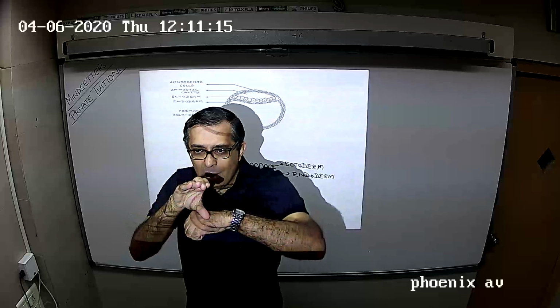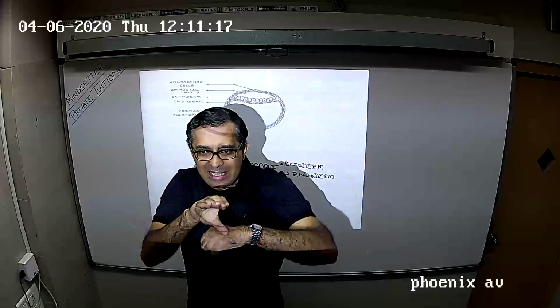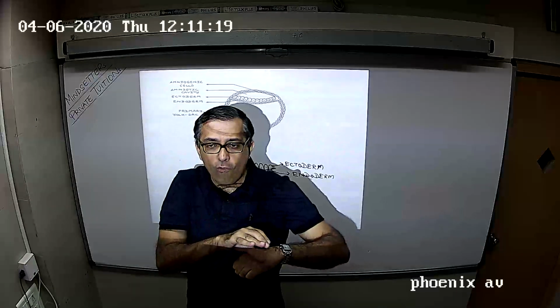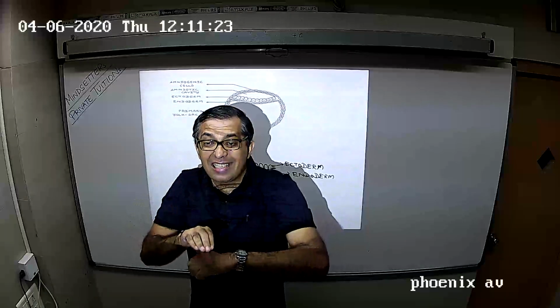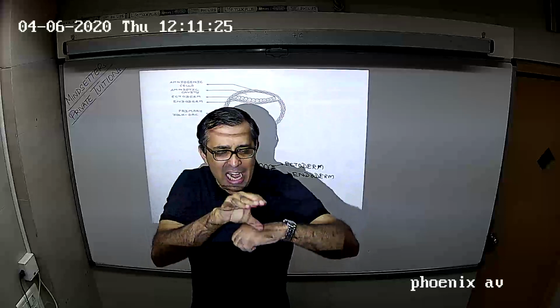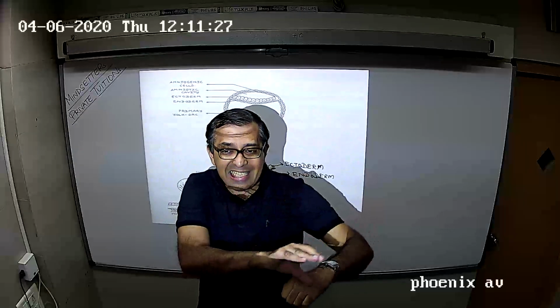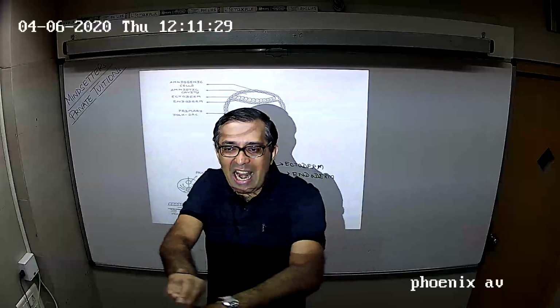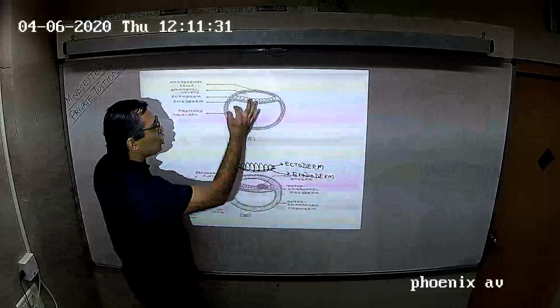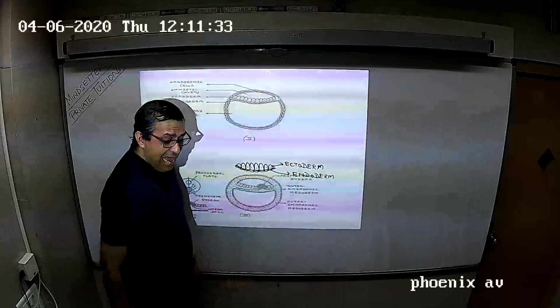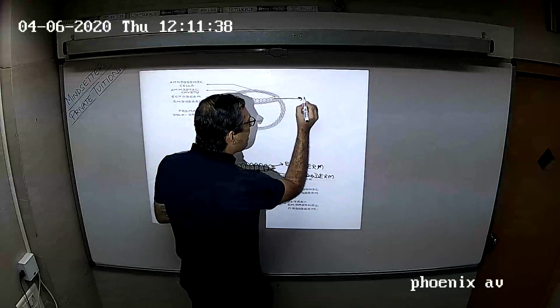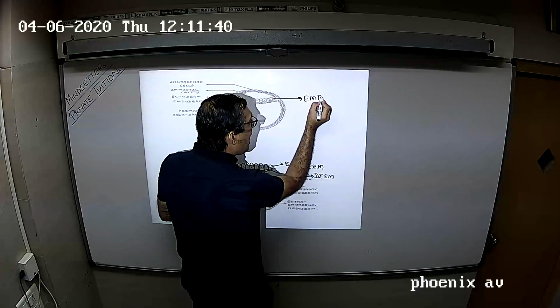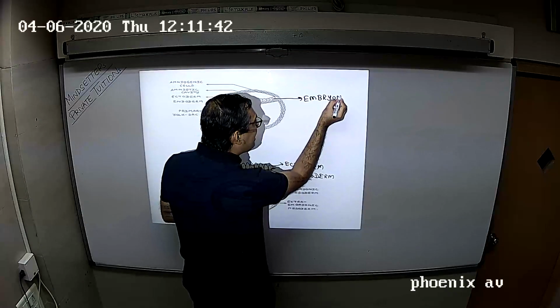So flat endoderm cells and ectoderm cells sink and they go from the embryonic pole towards the center and it forms a disc-like structure which is called the embryonic disc. So this disc is called the embryonic disc.